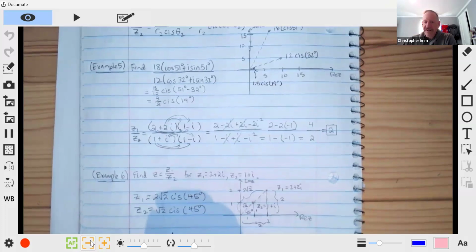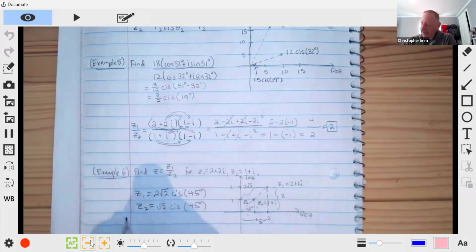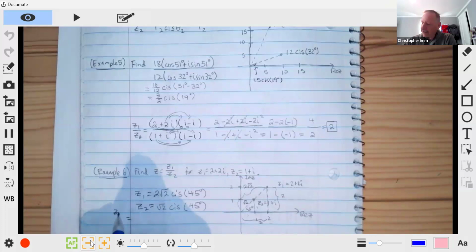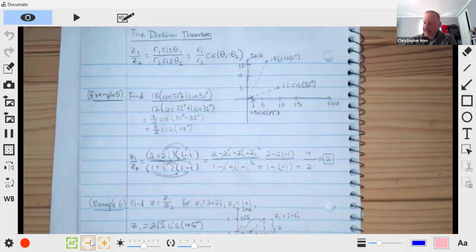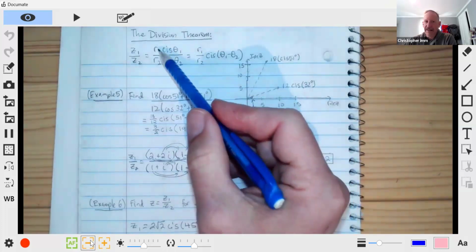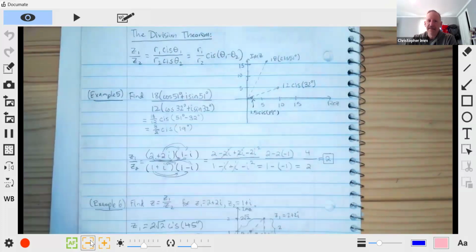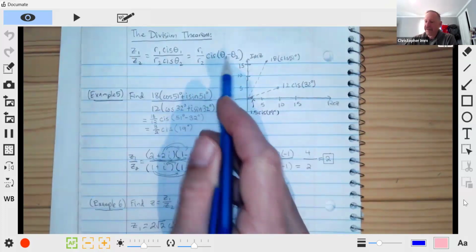So what does our division theorem say to do? I'm taking Z1 dividing by Z2. Let's bring it down here. It says to divide the moduli and then subtract those arguments. So that's what we'll do.